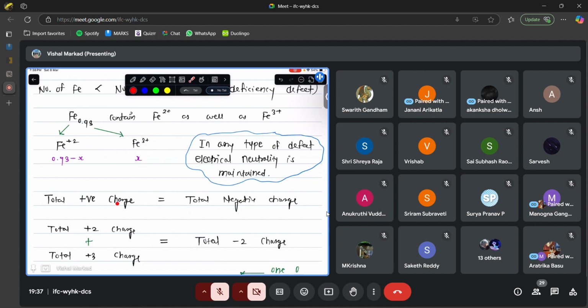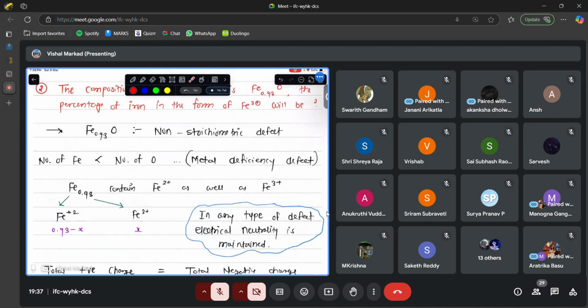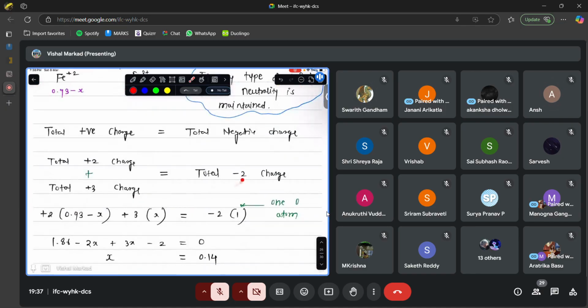So total positive charge will be equal to total negative charge. Who will give negative charge? Metal or non-metal? Non-metal. Oxygen will give it. What is the negative charge on each oxygen atom? -2. So total negative charge is -2.